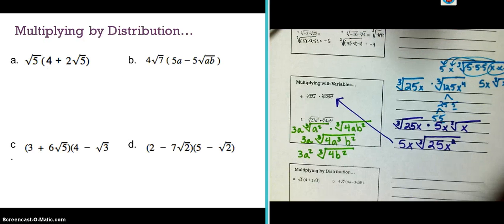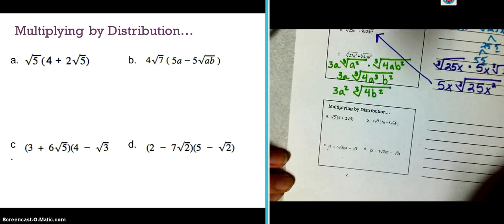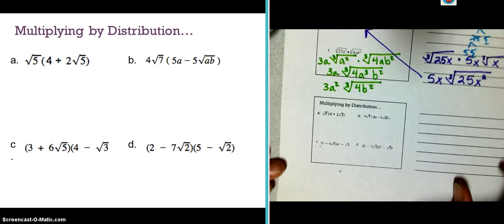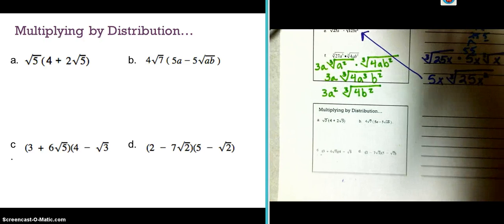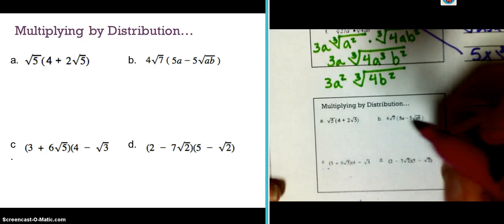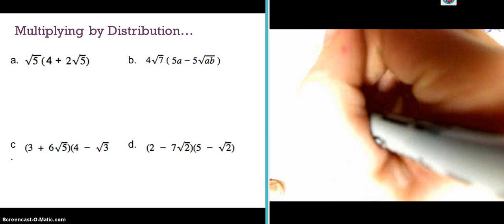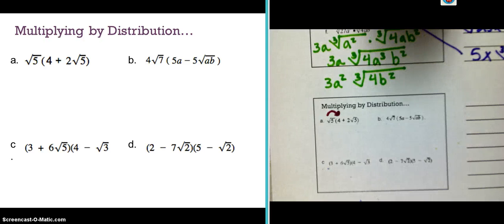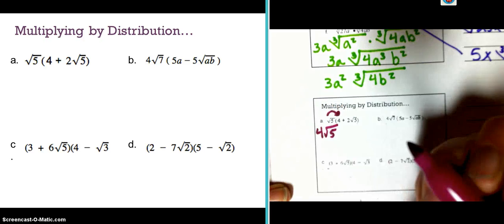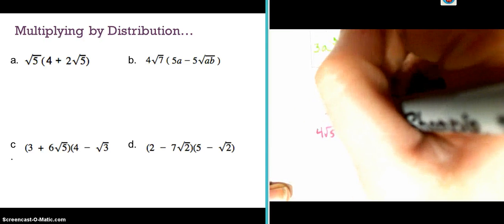So for multiplying by distribution, we're just going to do exactly like we would if we had x's and y's. So I'm going to do my first one here. Square root of 5 times 4 is just 4 square roots of 5. And then multiply the second one.